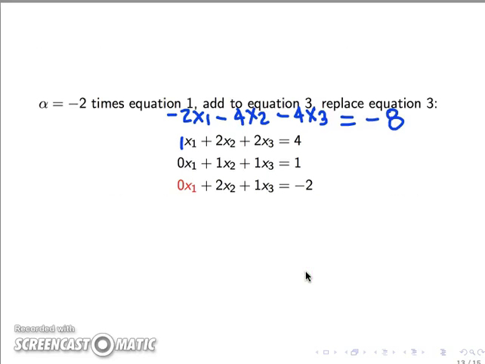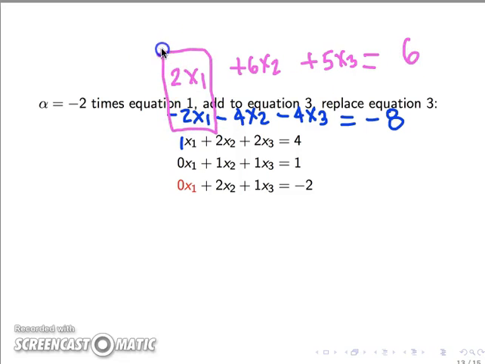So I'm going to write that equation 3 above our newly calculated equation after that operation. And so the former equation 3 is 2x1 plus 6x2 plus 5x3 equals 6.